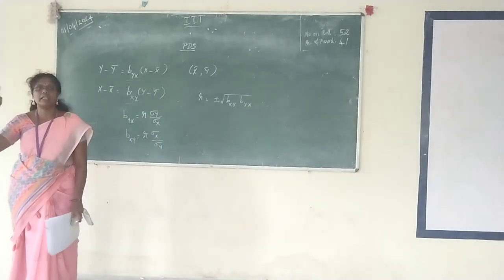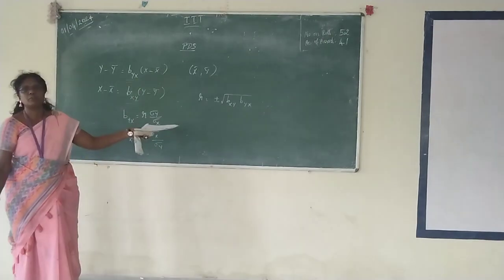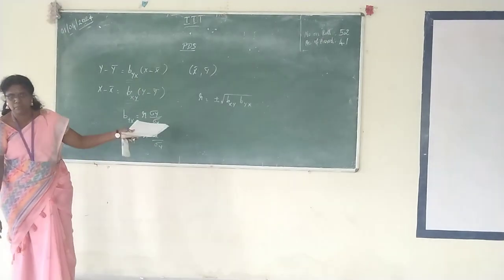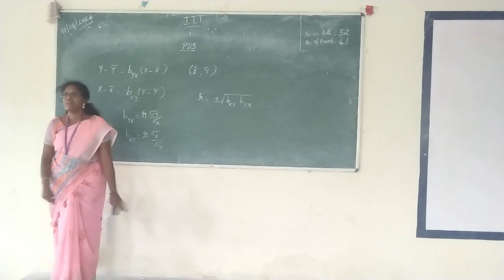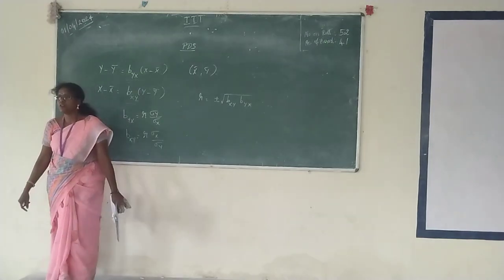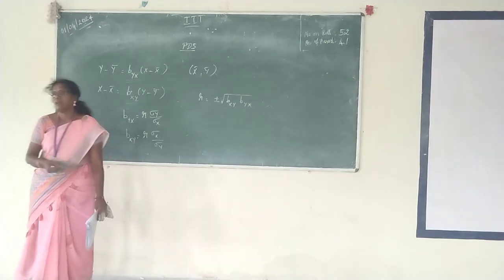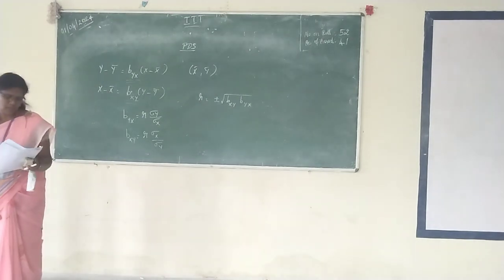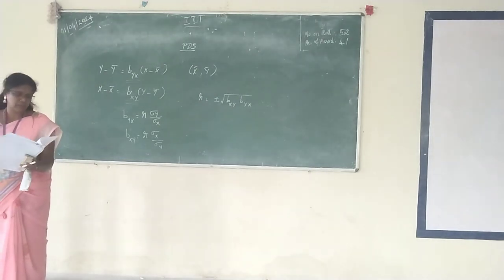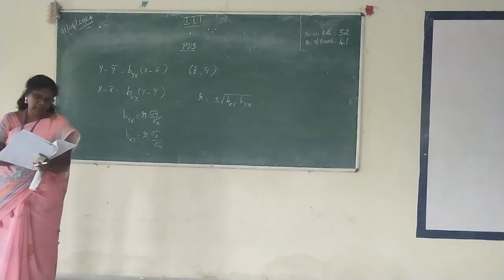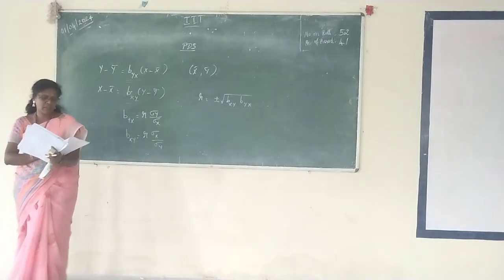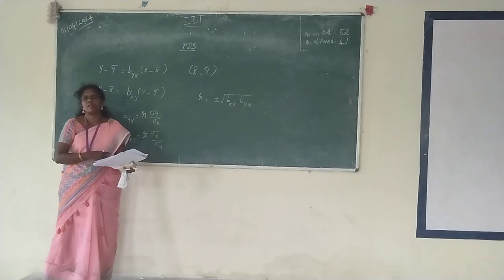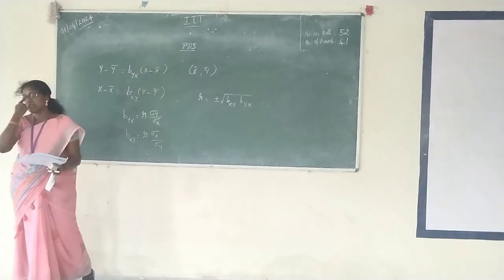So depending on the nature of that, you decide whether you put the plus symbol or minus symbol. Note this point also: both regression coefficients and the correlation coefficient will have the same signs.